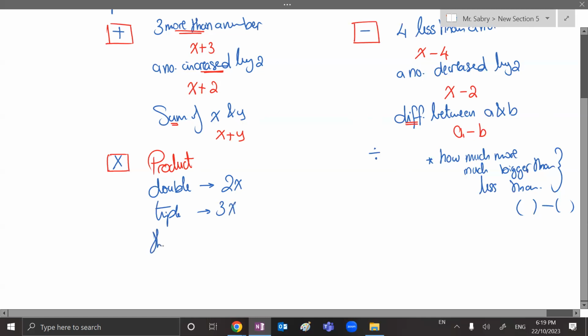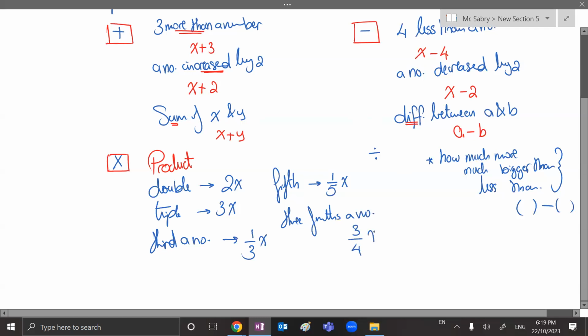I can also say third of a number, which means 1 over 3 times the number. I can also say fifth of a number, which means 1 over 5 times the x. I can also say 3/4 of a number, which would be 3 over 4 of x. Do those make sense?